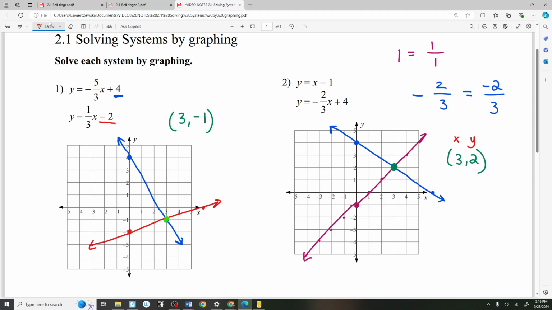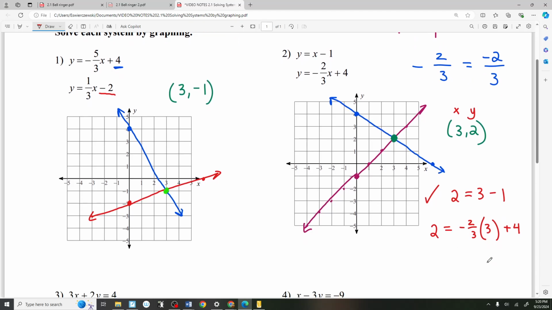So if I plug it into this first equation, y equals x minus 1, I'll plug 2 for y. So 2 equals 3 minus 1. You can kind of just look at that and tell that that is going to be true. 3 minus 1 is 2, so that works. And then the other one is 2 equals negative 2/3 times 3 plus 4.